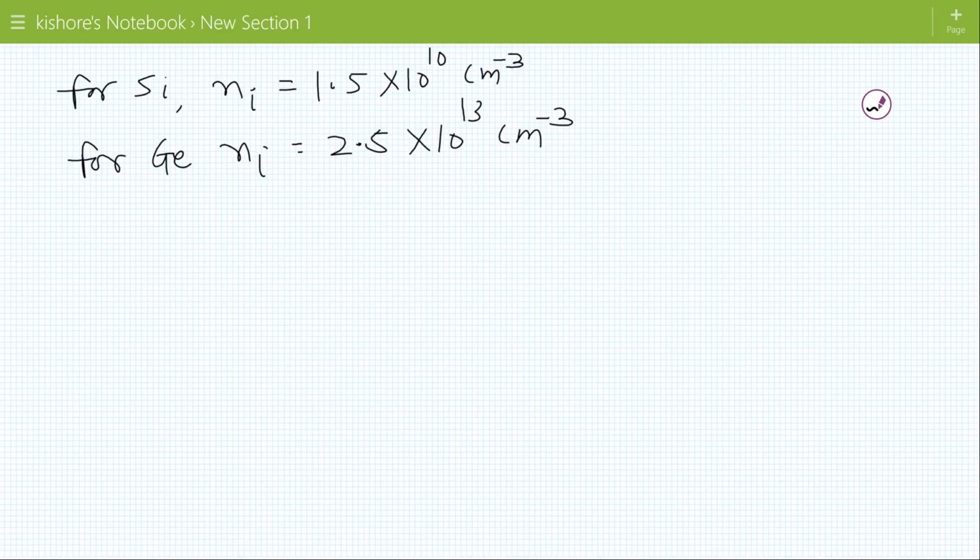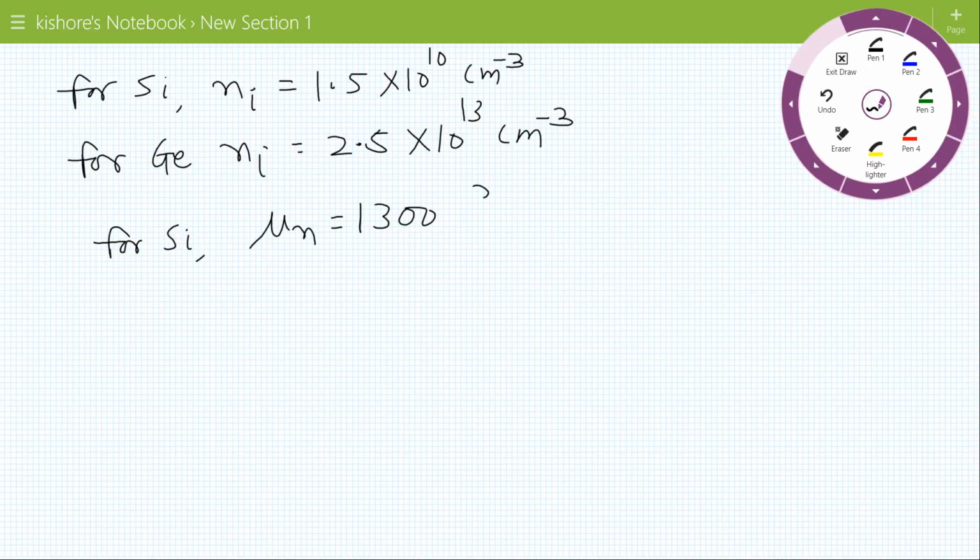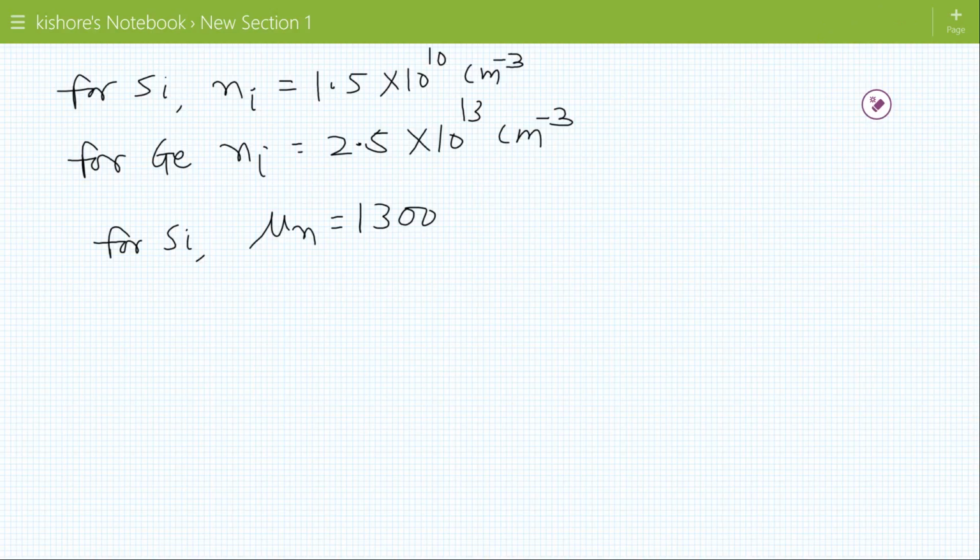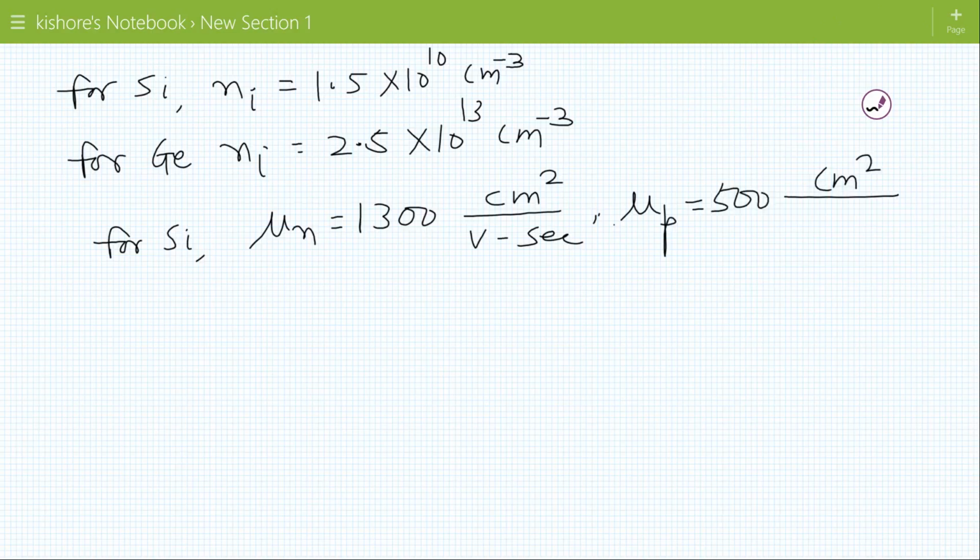And the mobility for silicon: mu n is 1300 centimeter square per volt second, and mu p is 500 centimeter square per volt second.